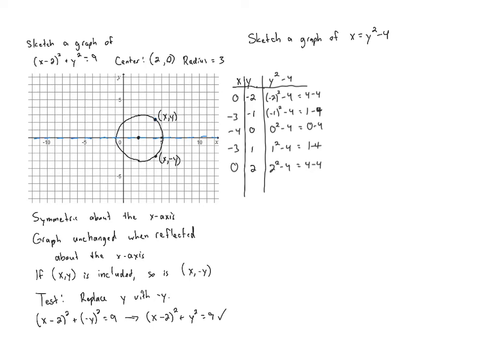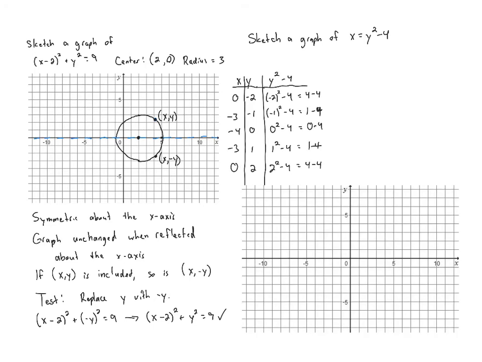Let's sketch this graph. All right, we've got the point 0, -2. We've got -3, -1, -4, 0, -3, 1, 0, 2. Can you tell what this is starting to look like? And was it the same thing that you were guessing earlier?